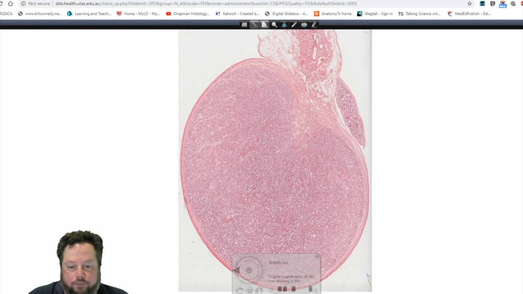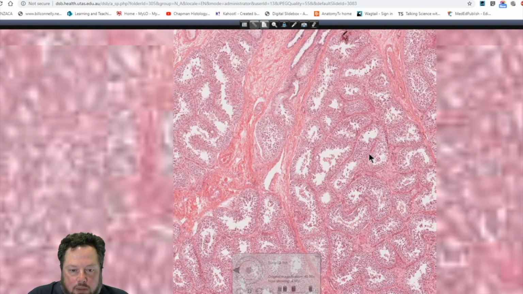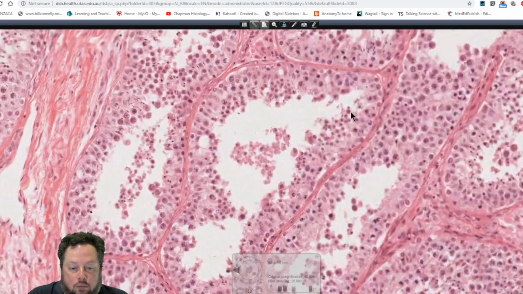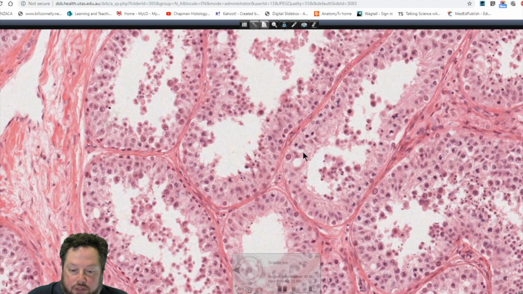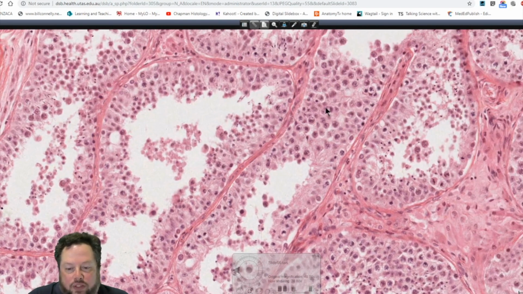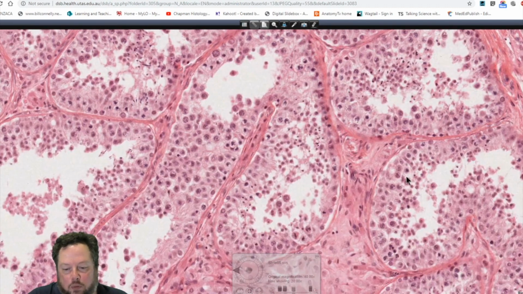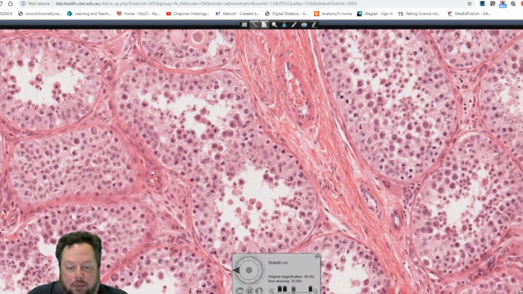All right. Again, we've got human testis, I think, here. We'll just quickly zoom in. This is a bit better preserved. So lots of profiles of the seminiferous epithelium here. Again, the preservation is not that fabulous, so it does become a bit problematic to identify the different cell types here.